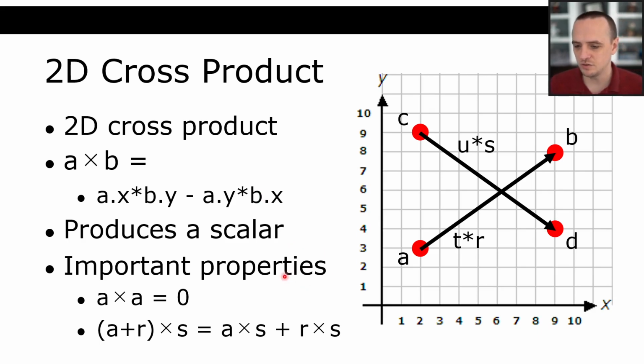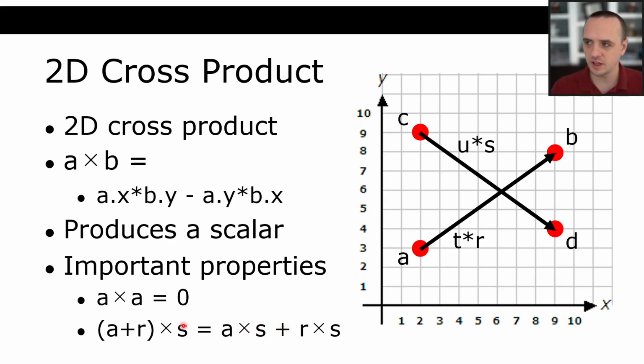The other property that the cross product has is the following: if we have two vectors and we add them together inside these parentheses, and then we cross that with S, then that is equal to the crossing of each one with S and then the addition of those.